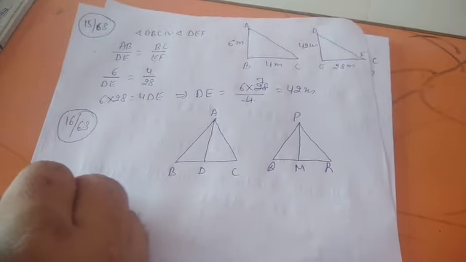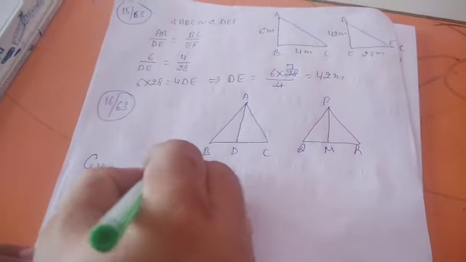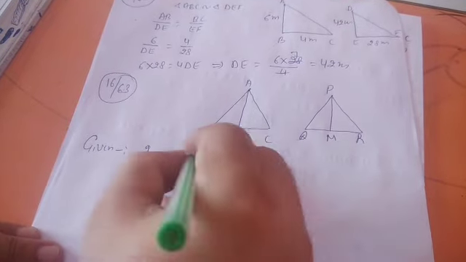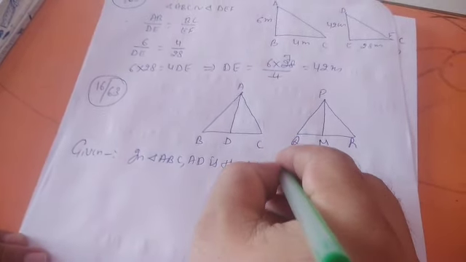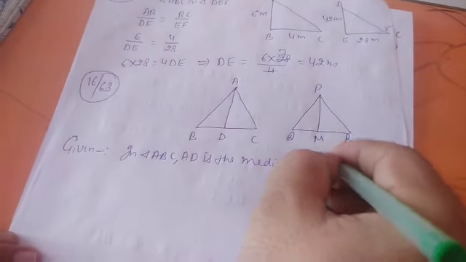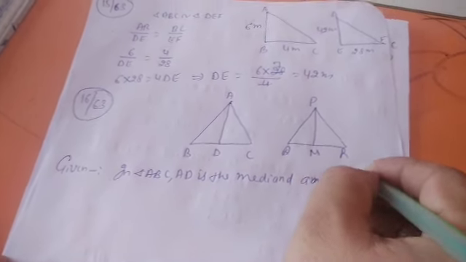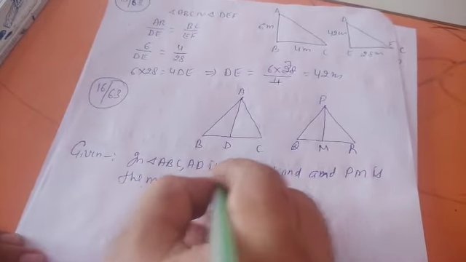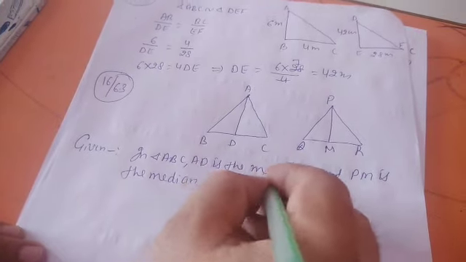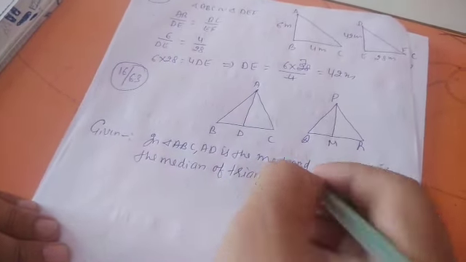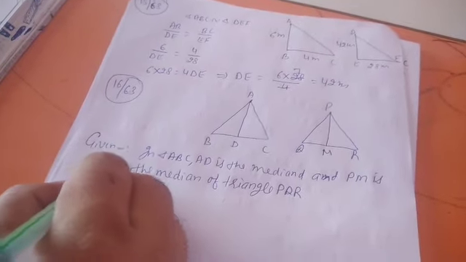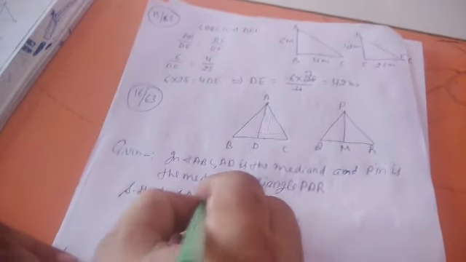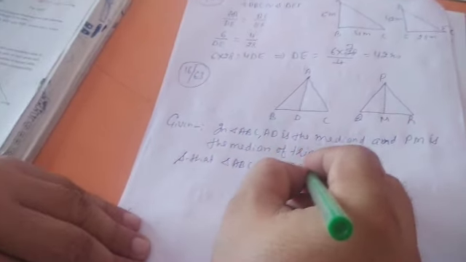So you can write given: in triangle ABC, AD is the median, and PM is the median of triangle PQR, such that triangle ABC is similar to triangle PQR.